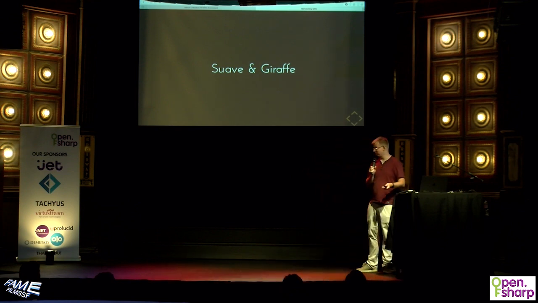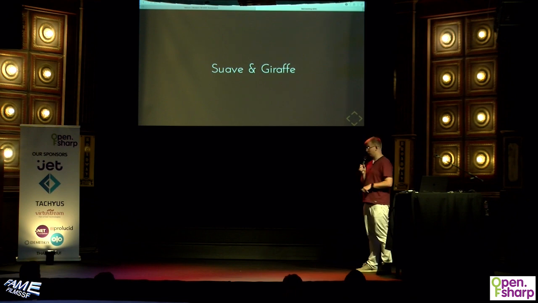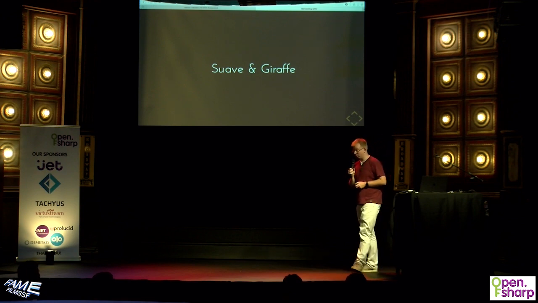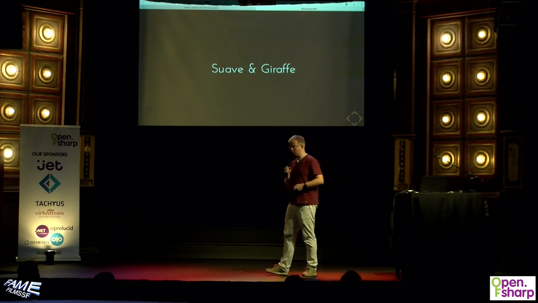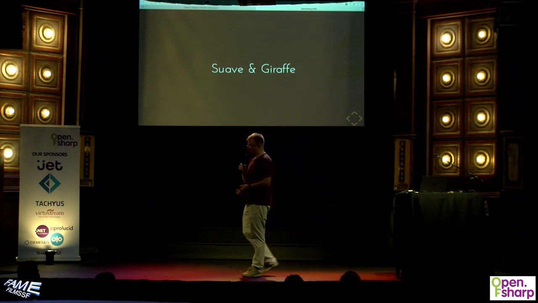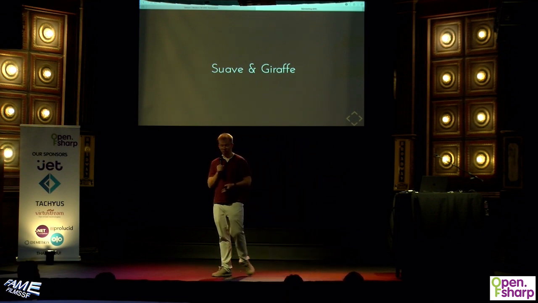The first one was Suave. It's been around for years, and it introduced this particular programming model, which I will describe in a moment, to the F# community. And the second one is Giraffe.